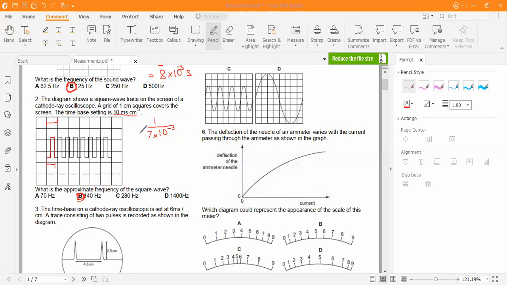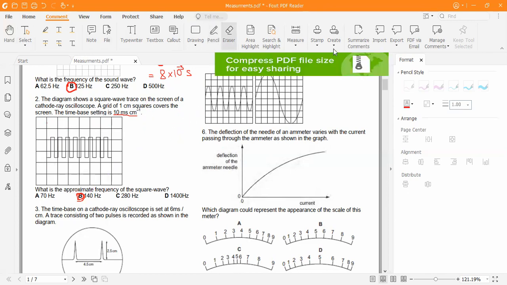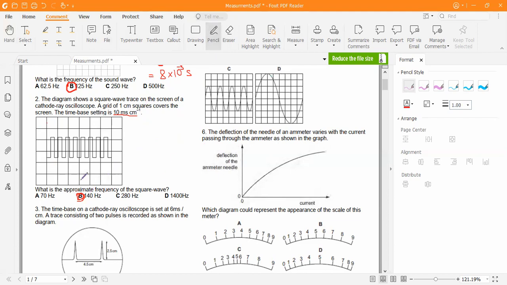In that case, what you will do is you will use more than one wave. So what does that mean? Let me show you. Instead of using one wave, I'm going to use more waves to increase my accuracy. I will use this whole range. So how many waves are there?